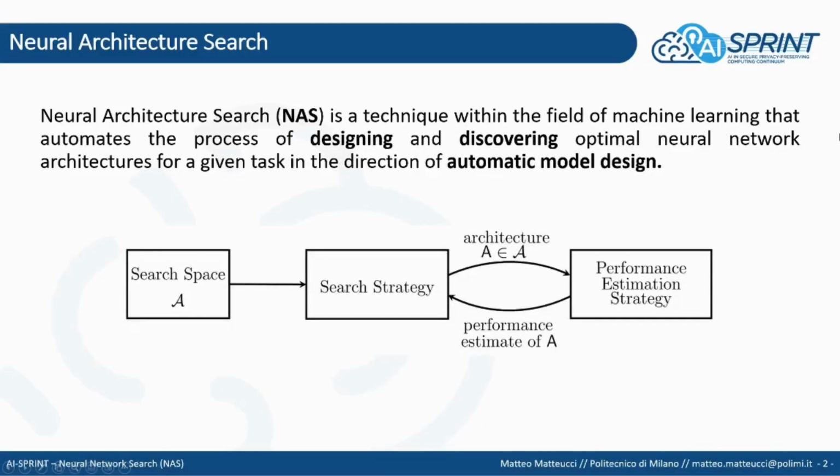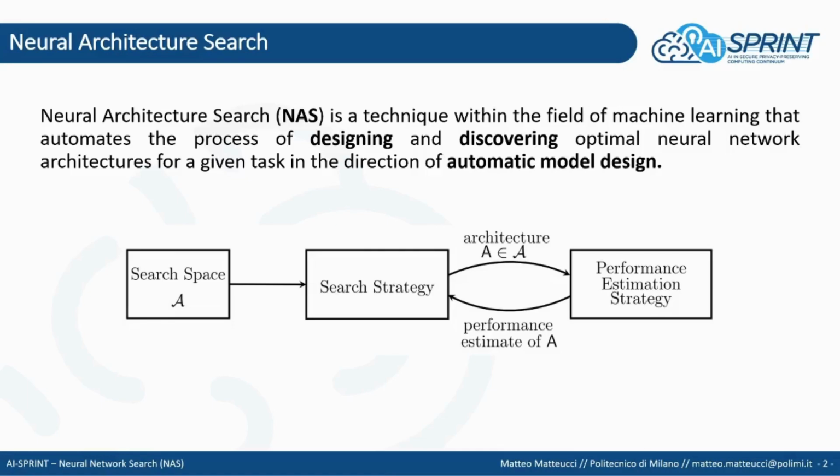So, neural architecture search is a technique within the field of machine learning that automates the process of designing and discovering optimal neural networks for a given task. And this is an example of automatic model design. The anatomy of the typical neural architecture search system is divided in a few blocks.